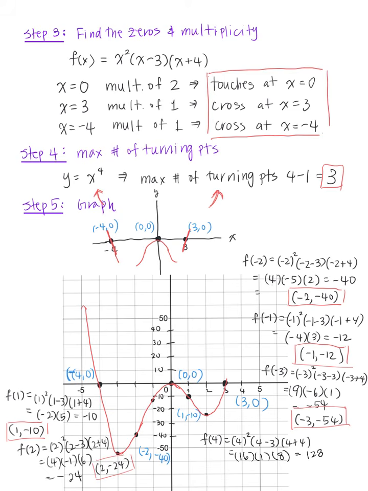Oh, that's going to shoot up really high. So when x is 4, y is 128. I don't even think we can plot that. So basically when x is 4, we're going to be way up in here. Let me just pretend that this is (4, 128).